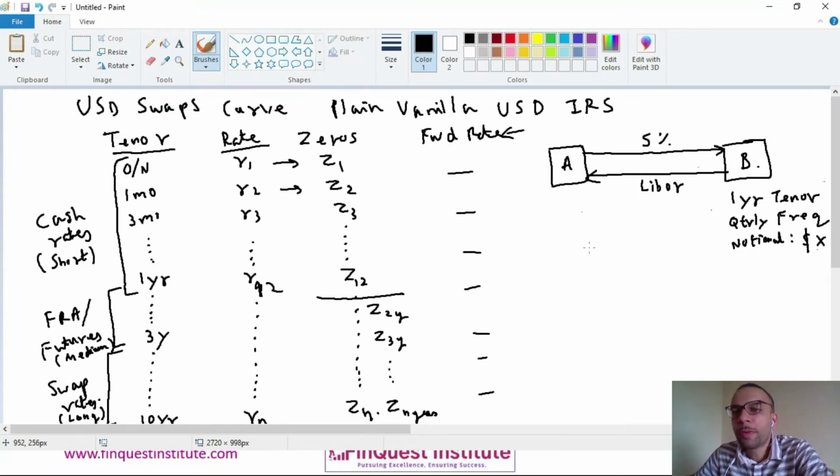So the two parties are going to exchange cash flows at 4 points in time during the year. So let's call these time points Q1, Q2, Q3, and Q4. And let's say we have a CF of A and we have a CF of B. So there will be 4 cash flows here.